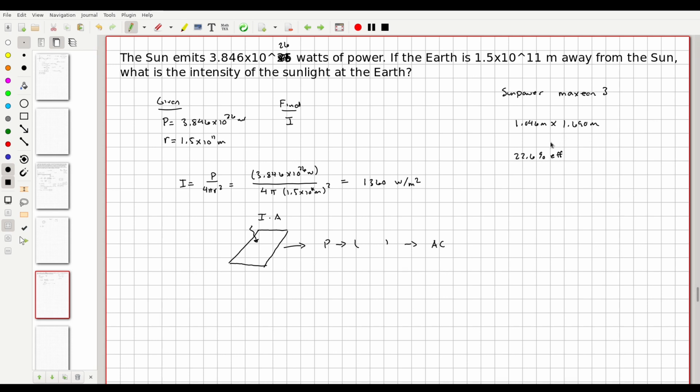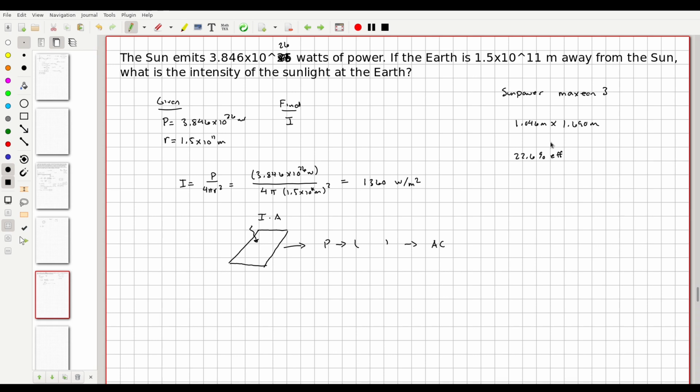So what that means is that only about 22.6% of the sunlight falling onto this panel is available to generate electricity, and that's pretty common. 30% is, I'm not going to say unheard of, but it's incredibly expensive.